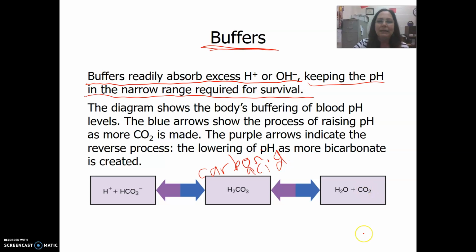So what happens is when we breathe in carbon dioxide, it goes through the process called cellular respiration a lot of times. But some of the carbon dioxide just combines with water and forms carbonic acid.